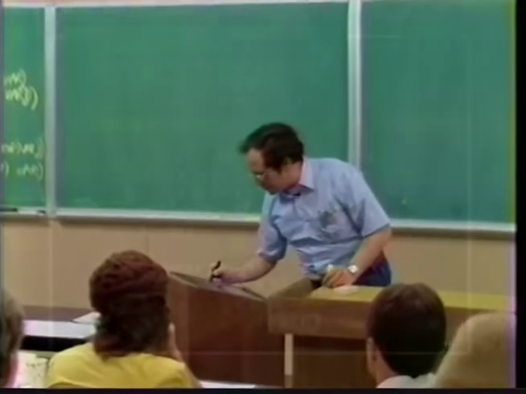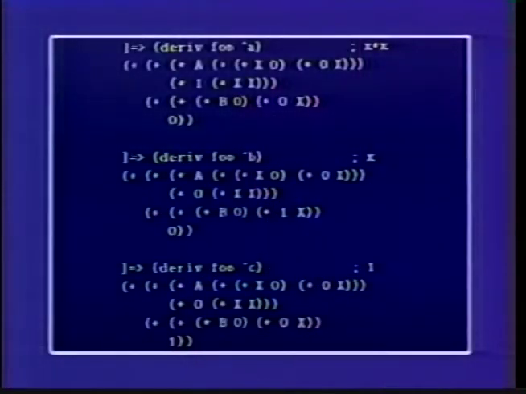For example, this 1 over here in the derivative of foo with respect to a gets us an x squared, because that 1 gets us the multiply of x and x into the answer. That one is 0 over here when I'm taking the derivative of foo with respect to c. But the shapes of these expressions are the same. See all those shapes? They're the same.